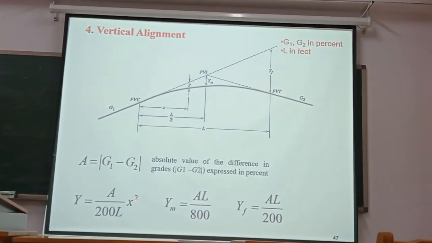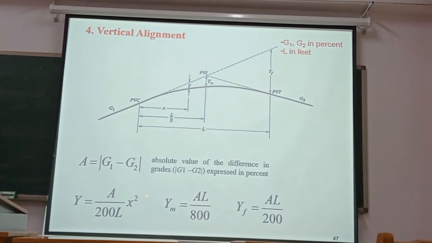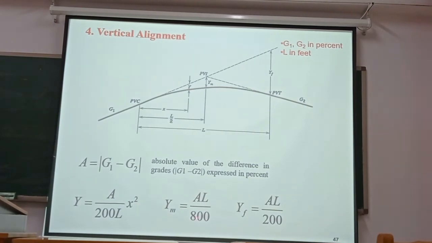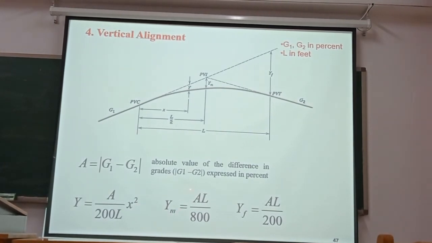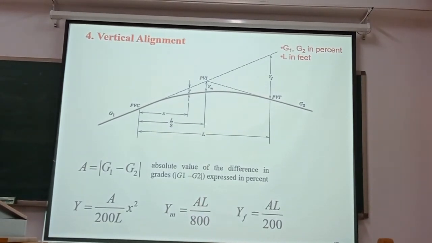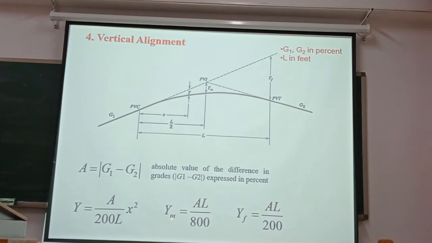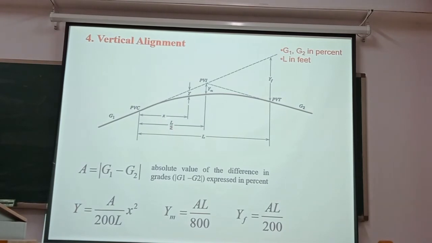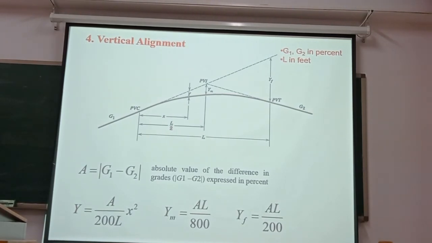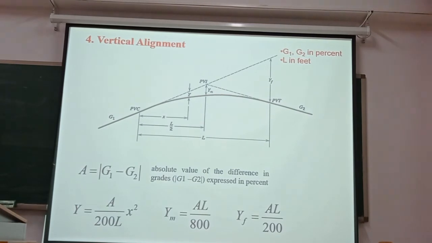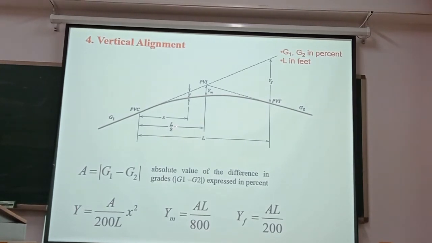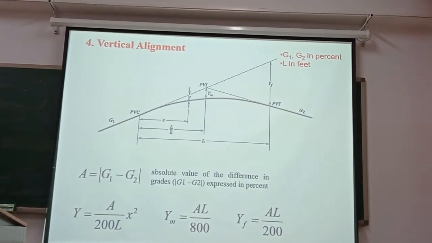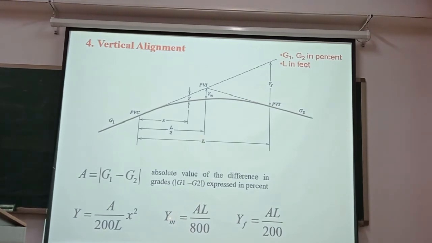We let x be equal to L divided by 2, just like this. We let x equal L divided by 2, and we can get ym.